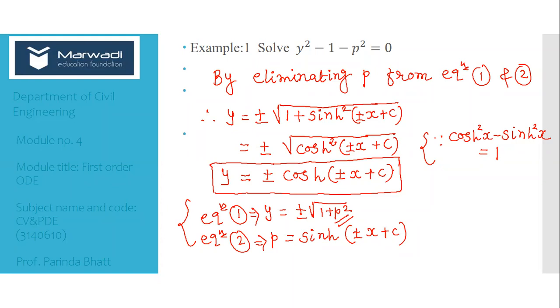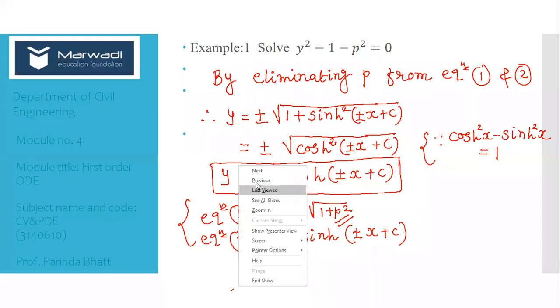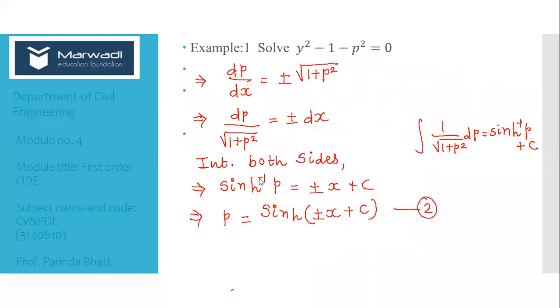Integration of 1 upon root 1 plus p square is sine h inverse, and cos h square x minus sine h square x equal to 1. Okay. Quickly see the first question.